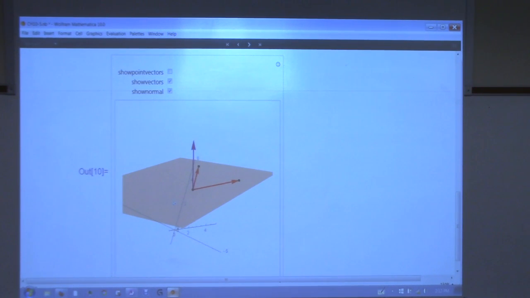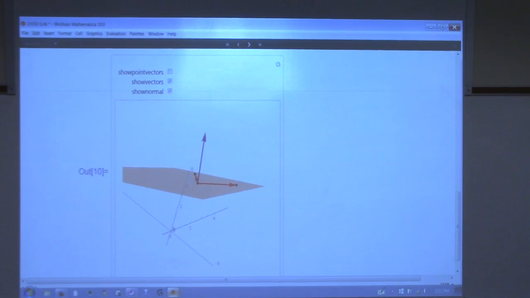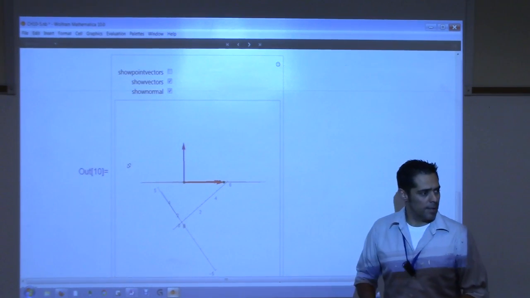And that vector should be perpendicular to the plane. Boy, that doesn't look perpendicular to me. There we go. That's a little better. That vector should be perpendicular to that plane, shouldn't it? Yes?